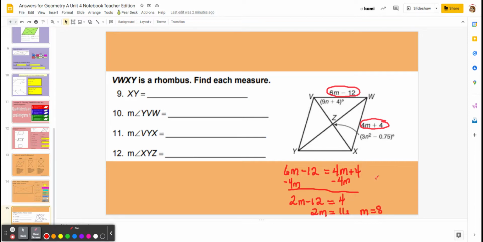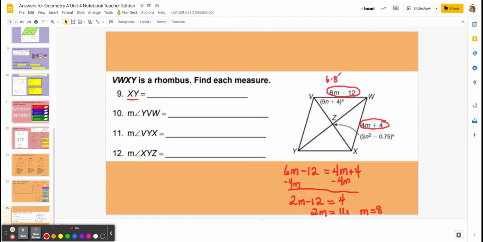Be careful. Remember, the question is asking, though, what is xy? Not asking what m is. What is xy? Well, xy has to be the same as VW, the same as WX. So you need to plug 8 back into either one of those equations. You should get the same answer.